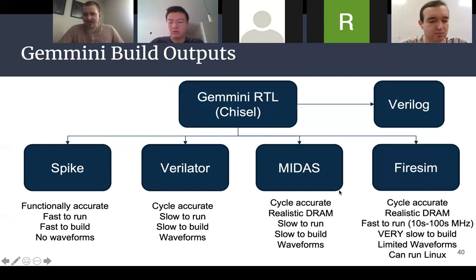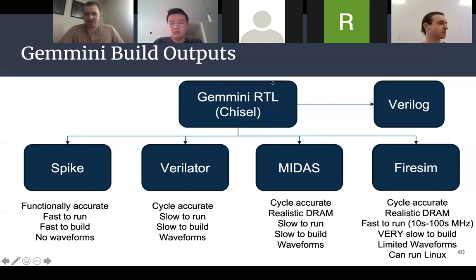And finally, there is something called FireSim, which is a tool that was also developed here at this lab to let you run programs generated by Chisel on FPGA accelerated simulations.